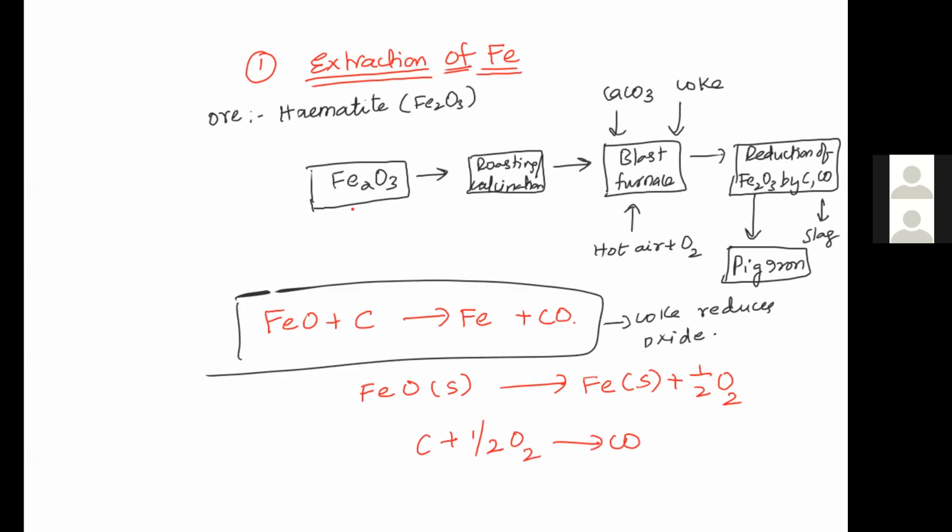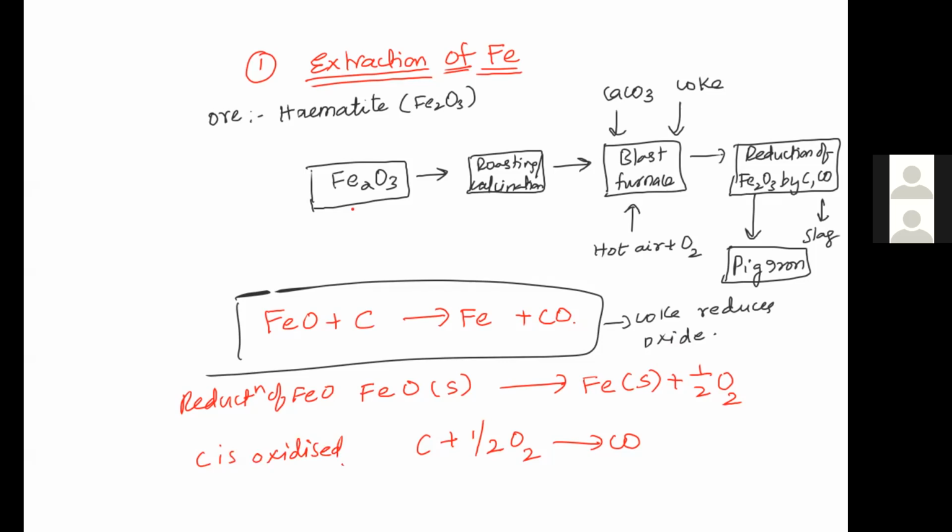What happens here? You have simpler reactions which happen. First of all, this is reduction of iron oxide which happens here. Here the carbon is oxidized. Different reactions are involved in this.